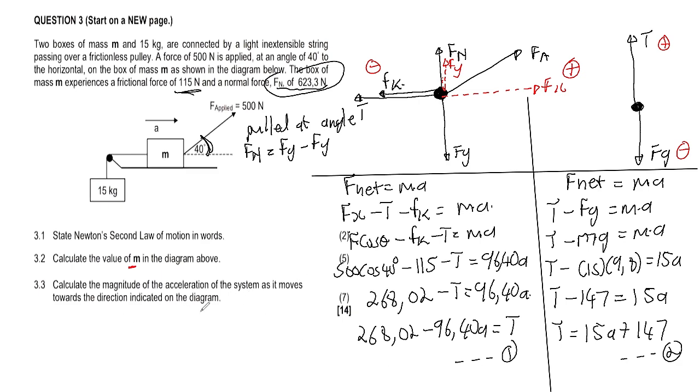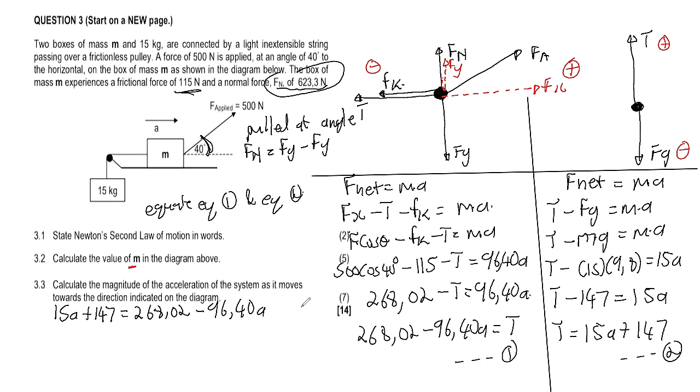Okay, from here, we can say now let's equate equation 1 and equation 2, right? So I can have 15A plus 147 and then 268.02 minus 96.40 A. Then all the numbers with the variable A on the left-hand side, and then all the constants on the right-hand side.